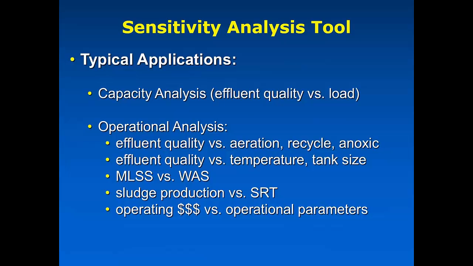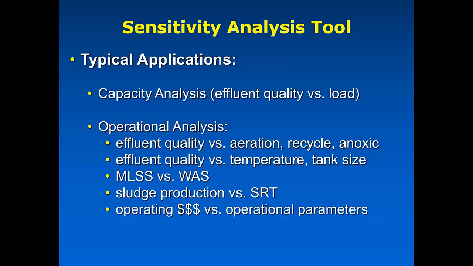So for the sensitivity analysis tool as it stands in GPSX, the typical things that I see people using it for, and the ones that I use it for myself, are capacity analysis, taking a plant and then increasing the load. Sometimes we do the flow, sometimes we do the concentration, sometimes we customize things and do both at the same time.